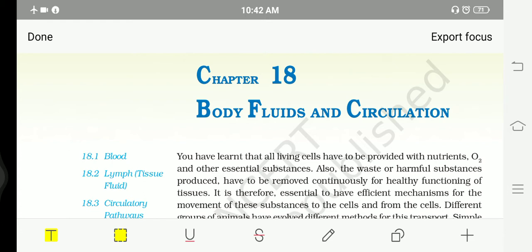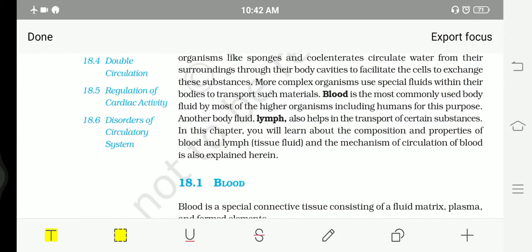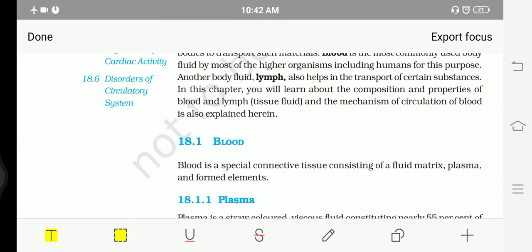We have studied in previous classes a chapter called Body Fluids and Circulation. In this chapter, we studied first blood and its components.